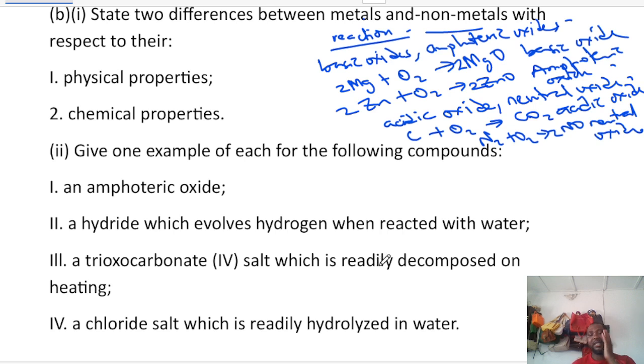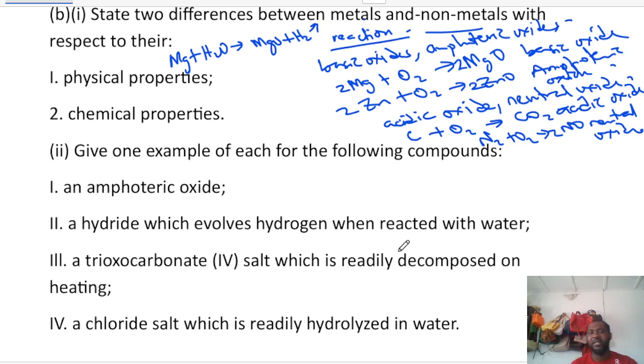Another difference in their chemical properties is that metals react with water to liberate hydrogen. But that's not the case with non-metals. Non-metals do not liberate hydrogen. A good example is magnesium plus water: magnesium reacts with steam to form magnesium oxide plus hydrogen.